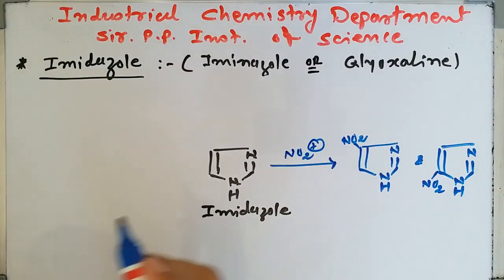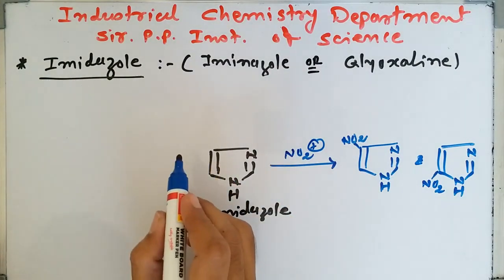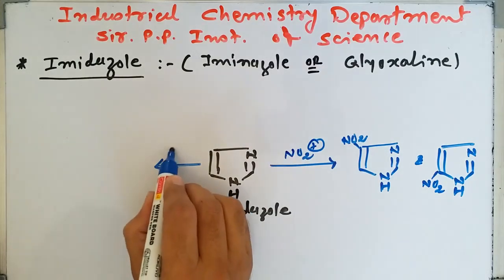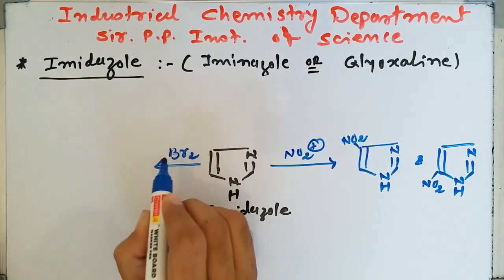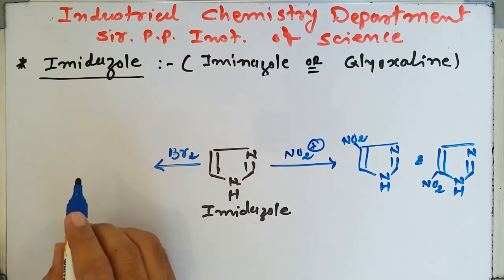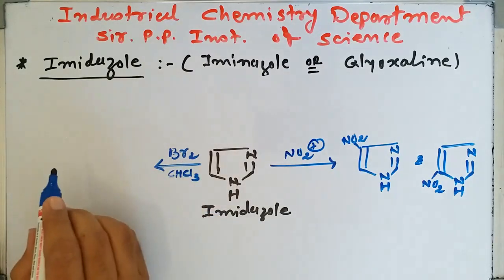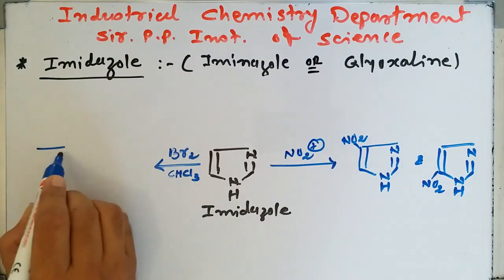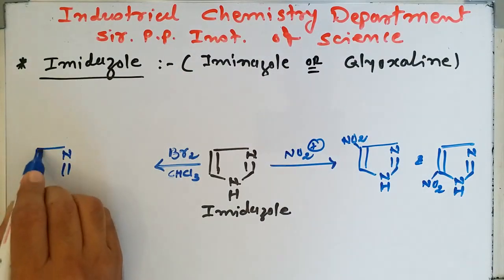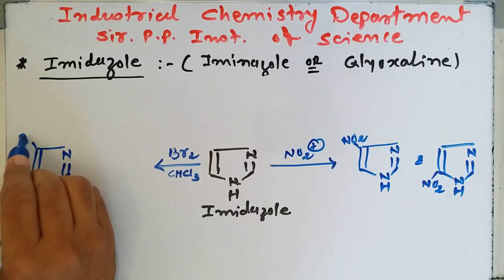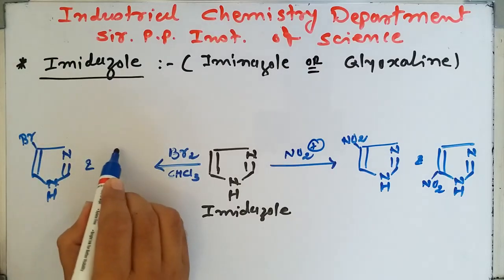Second reaction, bromination. Bromination or halogenation takes place in the presence of chloroform, so we get 4-bromo and 5-bromo imidazole.